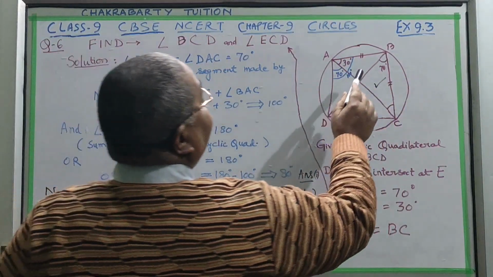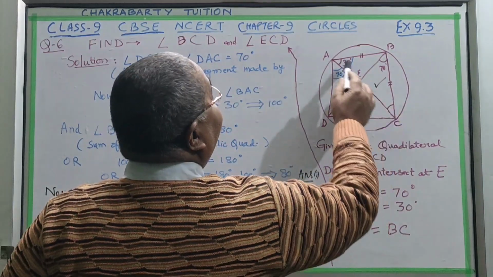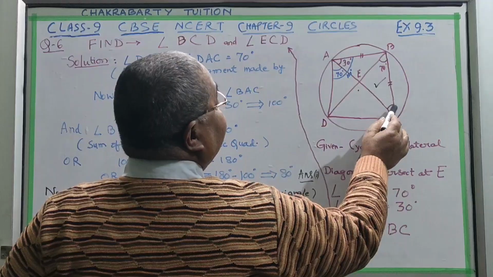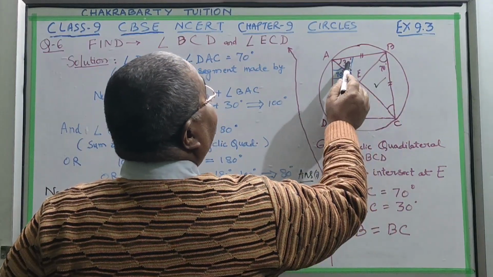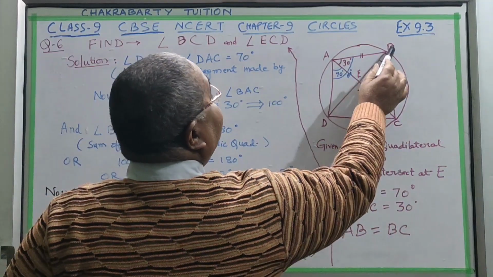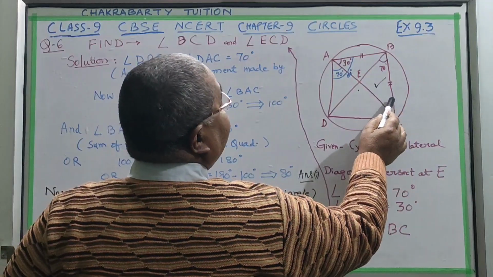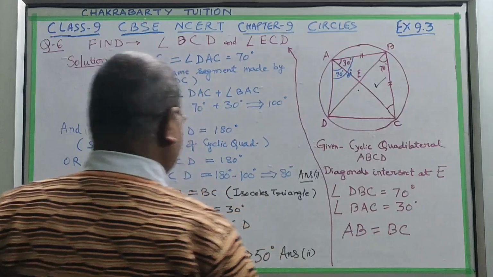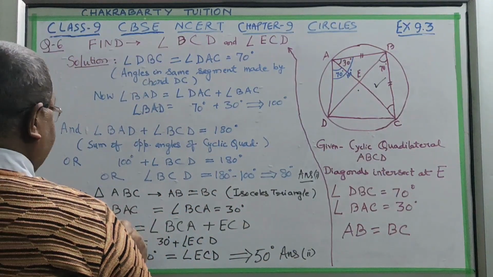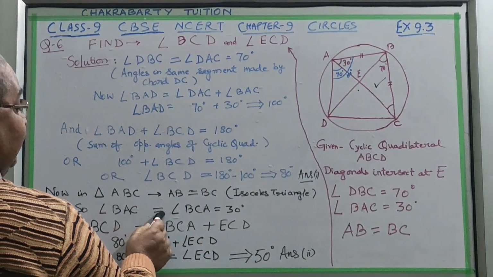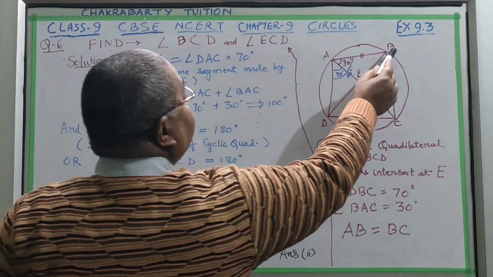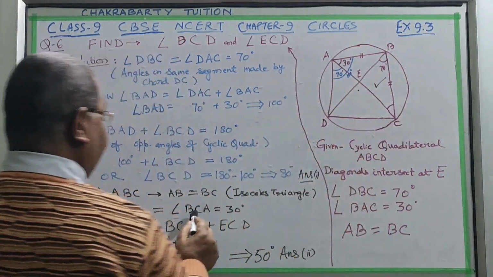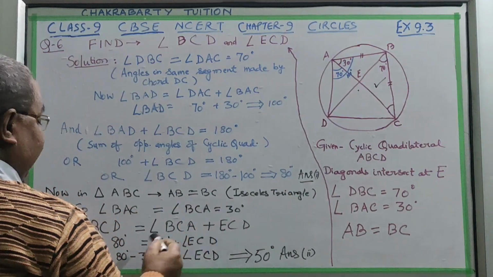Then the equal sides have equal opposite angles. So angle A and angle C will both be 30 degrees. Angle BAC will be equal to angle BCA, and that too will be 30 degrees.